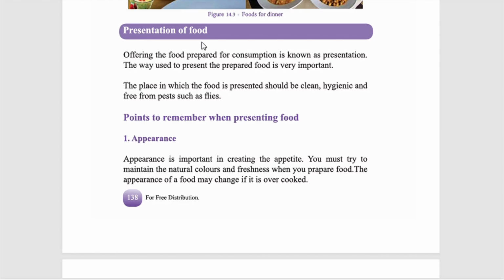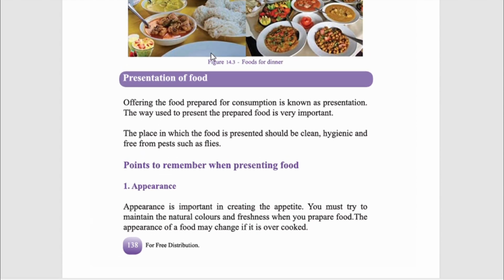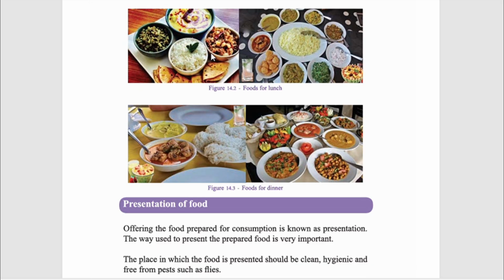Automatically, voluntarily, they like to eat the food, without the persuasion of the parents, when they see a lot of colorful vegetables, fruits, and those kinds of foods. So presentation of food is very important. When you look at these pictures, you can see it is eye-catching and appetizing. Automatically, unconsciously, we feel appetite for this food.